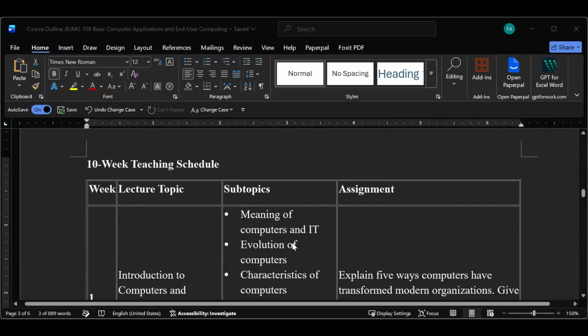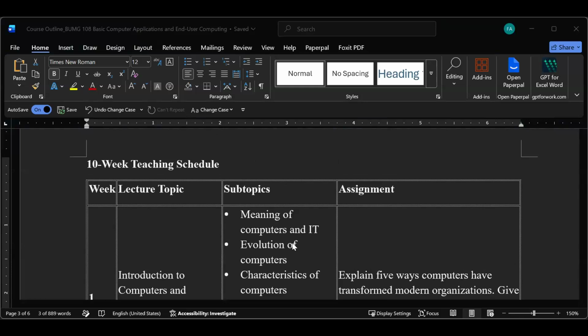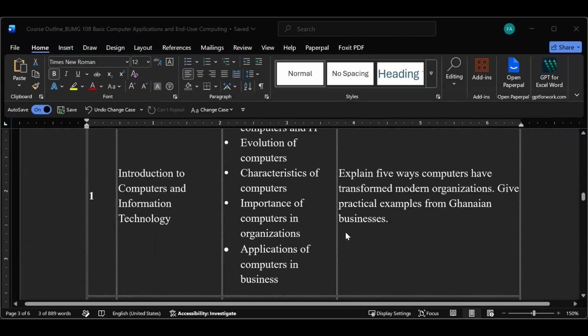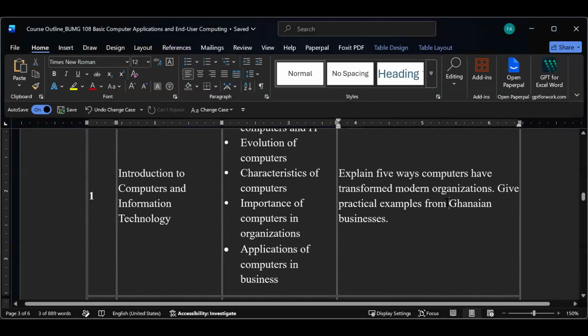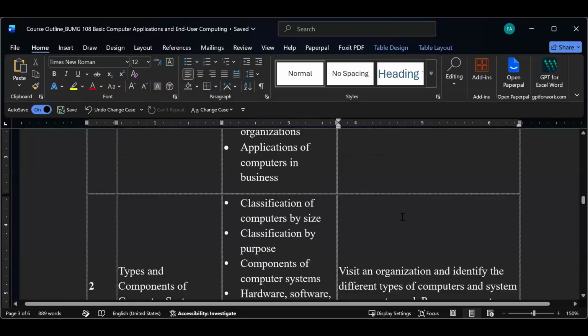If you do the assignments, you're going to gain because it will help you to appreciate and learn or go over what we have done. So for the week, we have: explain 5 ways computers have transformed organizations and give practical examples from Ghanaian businesses. Okay, let's make it HR. Okay, you are just starting HR, so let me leave it as Ghanaian businesses.